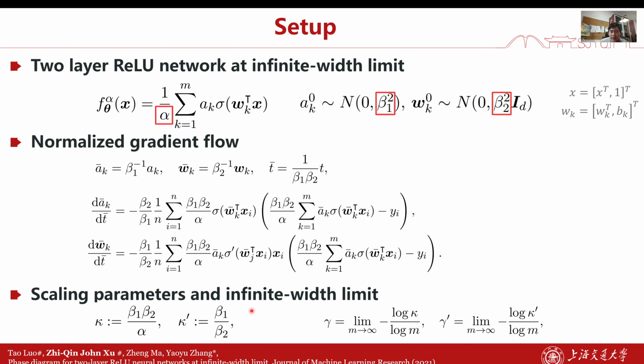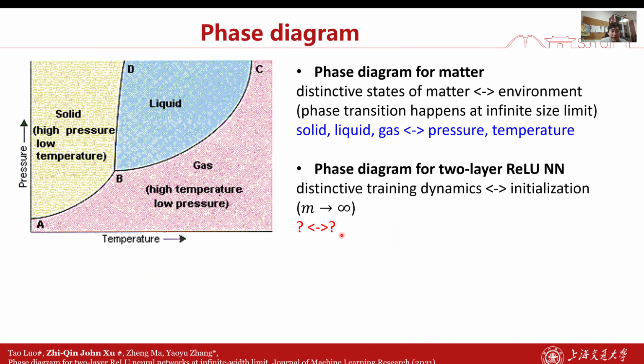So why do we study this infinite width limit? Because, for example, in the phase diagram study of water, if we want to have a sharp phase transition, we need to have this thermodynamic limit. The particle number should go to infinity.